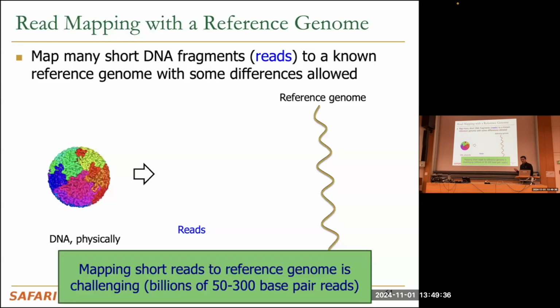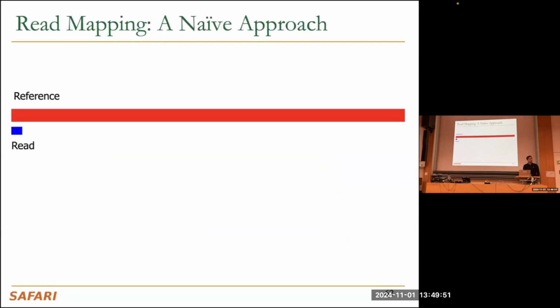And doing this practically is important because these reads are usually very short and you have millions of them. And then you want to, for example, look at the human genome that includes 3 billion characters. So you can imagine the size of the problem, or you don't even have to imagine.